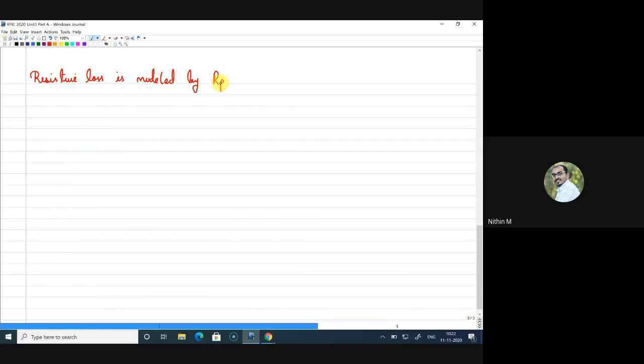My circuit will be like this. This is the capacitor. Ideally, this will not dissipate any energy. Now, I am considering a resistance Rp in parallel to C. Here also we have to define the Q factor.